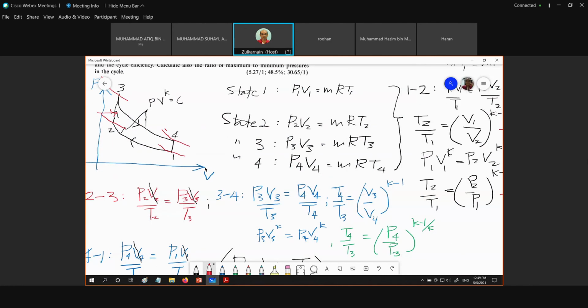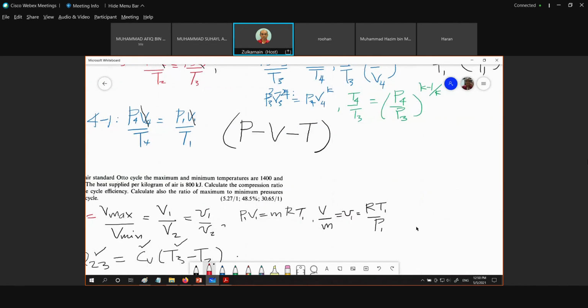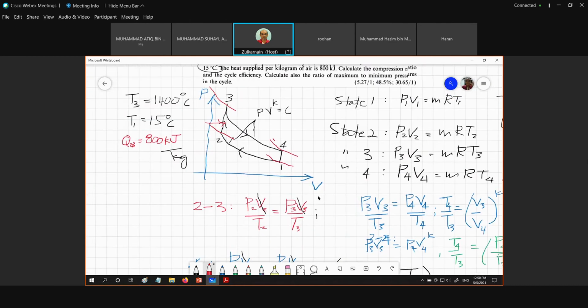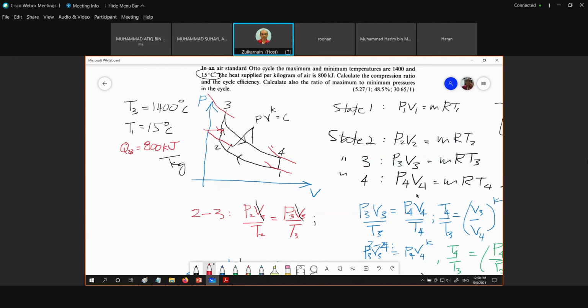So what we do, we look at the overall pressure ratio. The overall pressure ratio, maximum over minimum, is equal to P3 over P2 multiplied by P2 over P1.